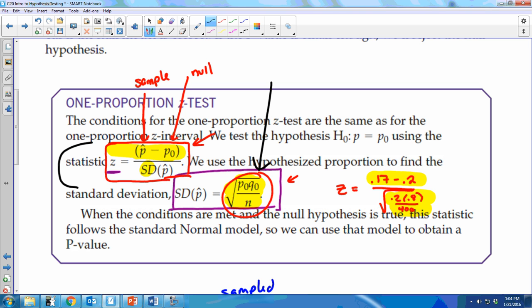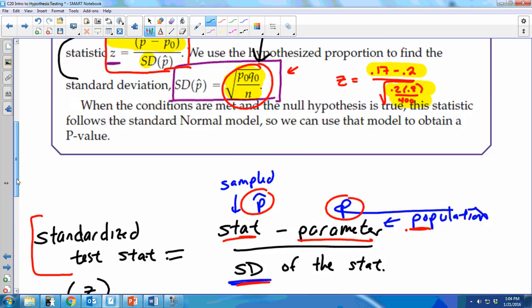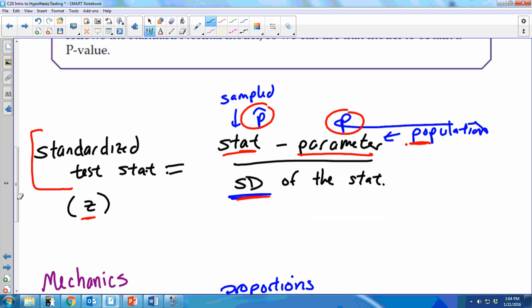Well, sort of. Just like the confidence interval, with different tests, we use different models. Sometimes we use z, sometimes we use t, different things going on. So they give it to you in words. So you're expected to be able to put it into words. It says on the formula sheet, standardized test statistic. In this case, that is z. I'm looking for a z-score.